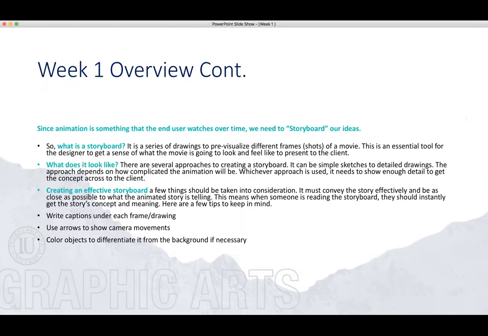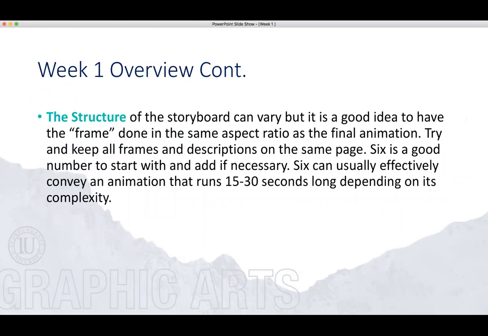Here are a few tips to keep in mind. Write captions under each frame or drawing. Use arrows to show camera movement or object movement. Color objects to differentiate from background to foreground if necessary. The structure of the storyboard can vary, but it is a good idea to have the frame done in the same aspect ratio as the final animation.